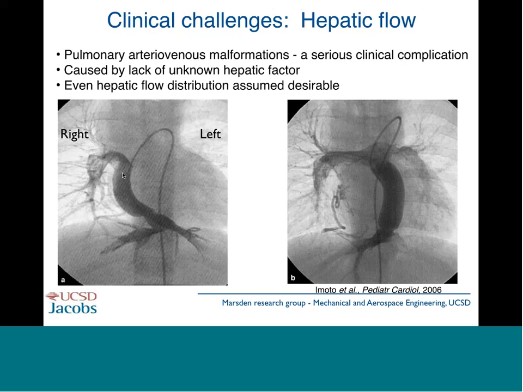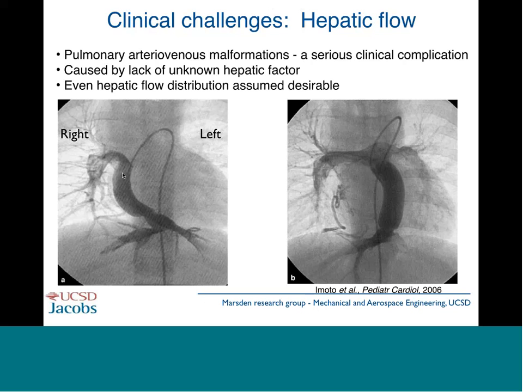It's been shown clinically in other studies that the lack of this flow from the lower body containing this hepatic factor can lead to the development of these so-called PAVMs. This is essentially like a short circuit in the lung that shunts the blood over before it has a chance to pick up oxygen.